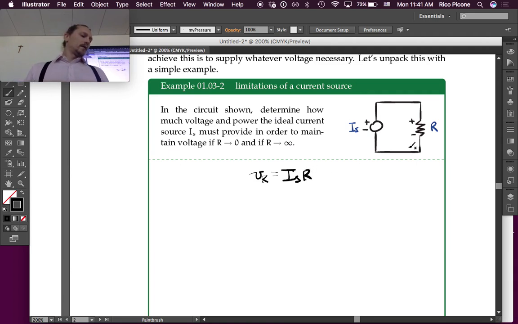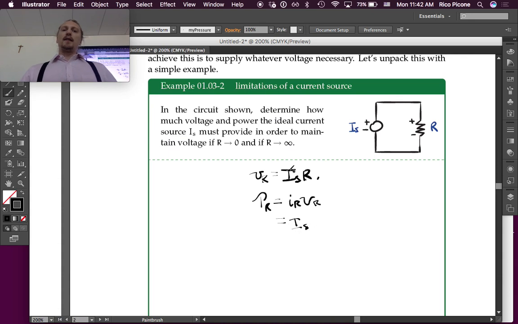So we have that from Ohm. And then the power dissipated by the resistor is going to be, well, we said it was IR VR in the last example. So our IR is, we already said, IS, right?